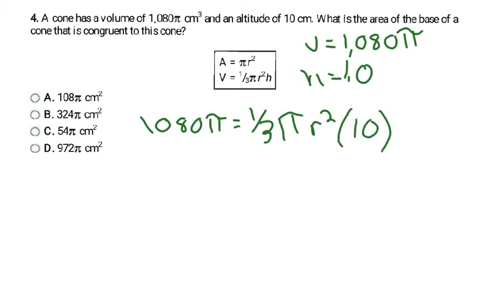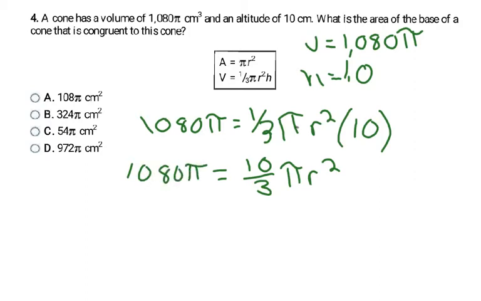So then I'm going to go ahead and multiply 1/3 times 10, which I'm just going to leave as 10 over 3 pi radius squared, and that still equals 1,080 pi. The reason I left this as pi here is because there's a pi in this number and there's pi in our answers. And it didn't tell us we could use 3.14. So those are all reasons that I had to leave it exact.